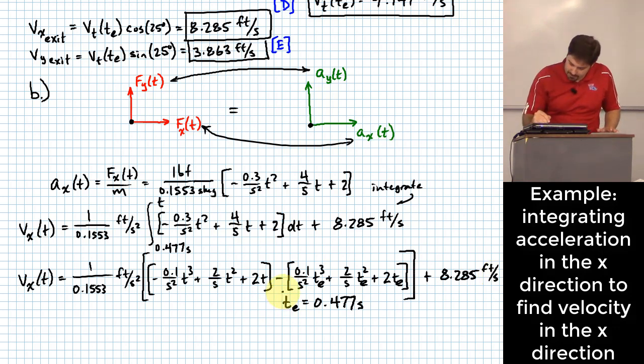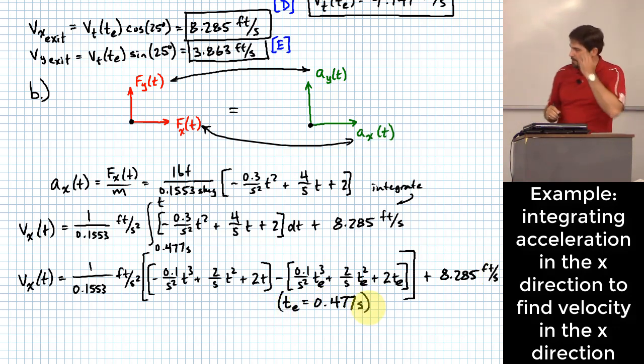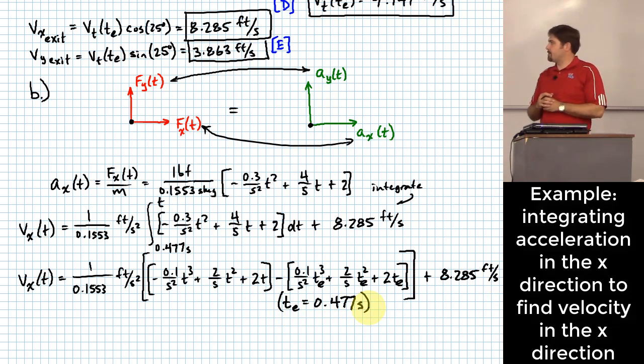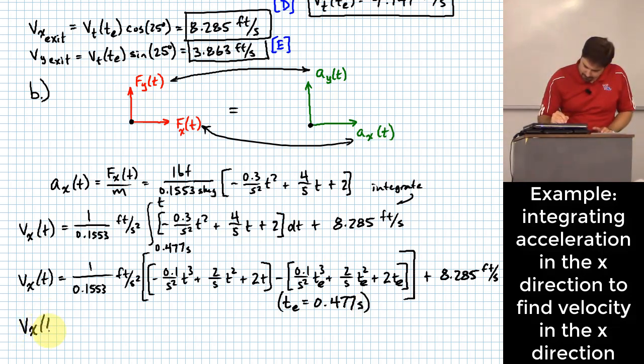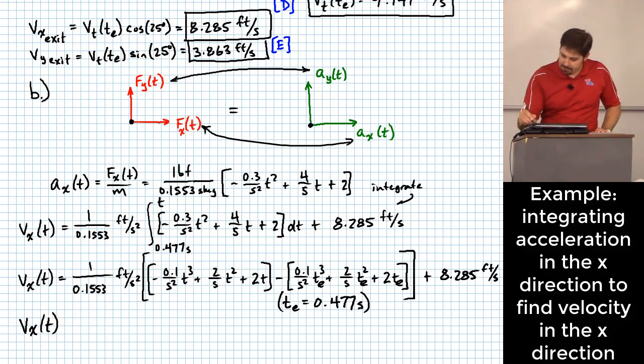Okay, so this is just as a matter of interest. T sub e is equal to 0.477 seconds. All right, now, one of the things to note here is that all of this stuff over here is a constant, right?